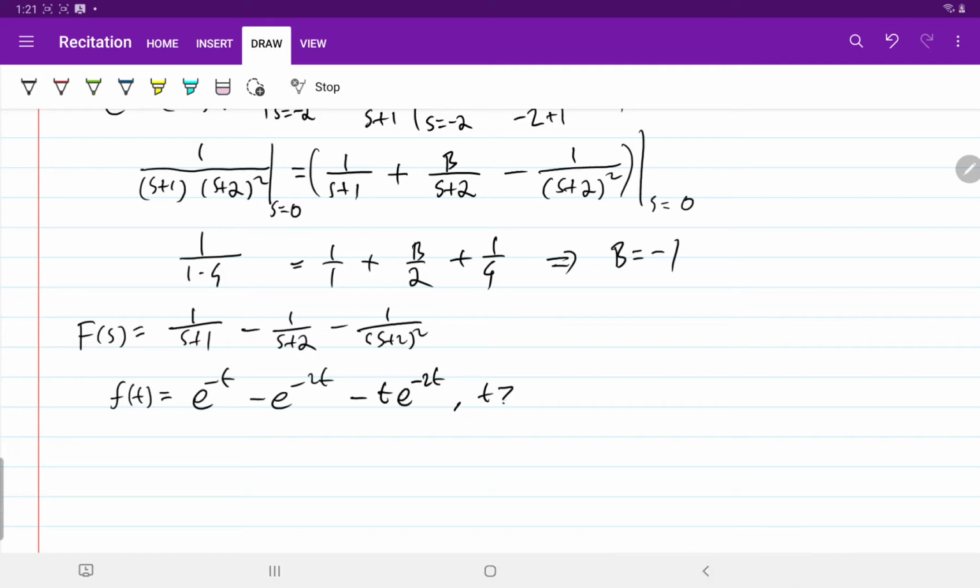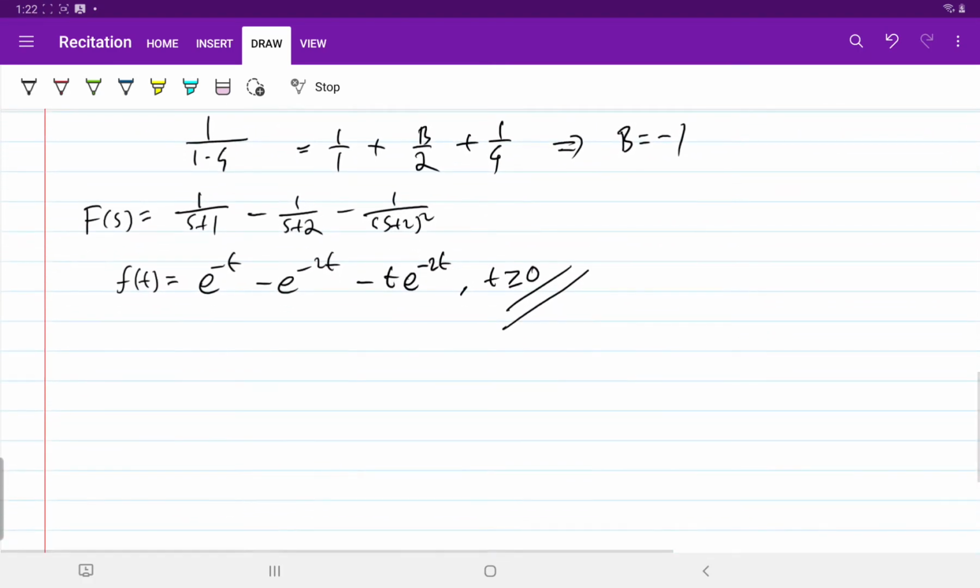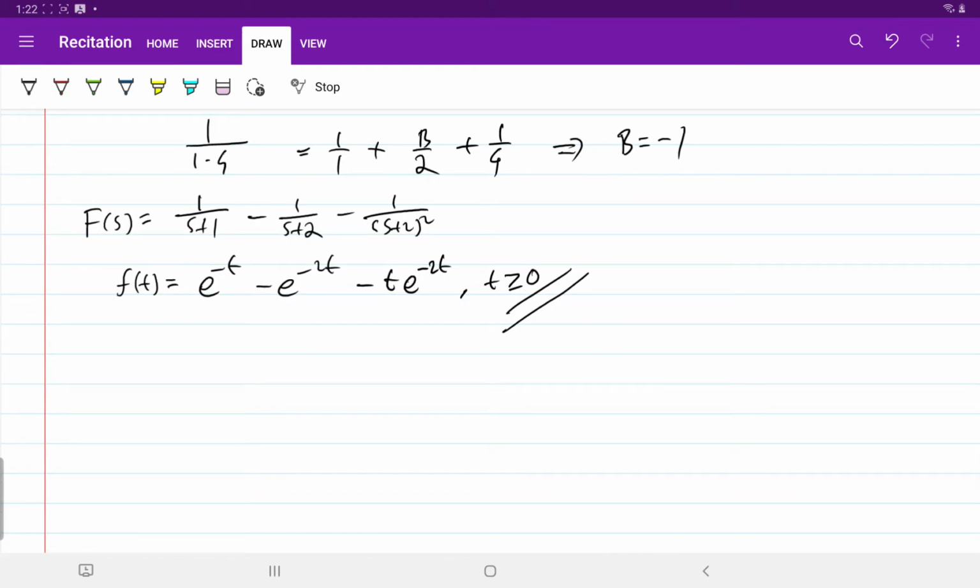This is for t greater than or equal to 0. So this is the solution for problem number 2. I hope I am clear so far.